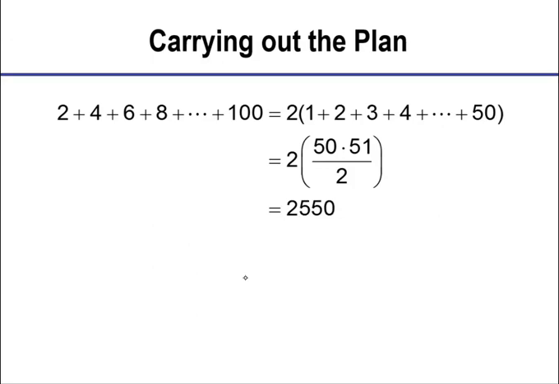This is what the book says, that 2 times 1 all the way to 50 is the same as, and where did they get this 50 times 51 over 2? Well, let's talk about this, because this is really Gauss's strategy, right? The 50, what is that right there? That 50 is the number of terms.